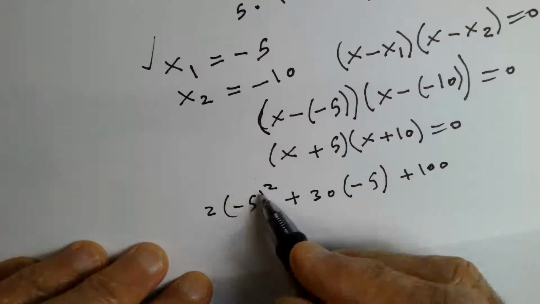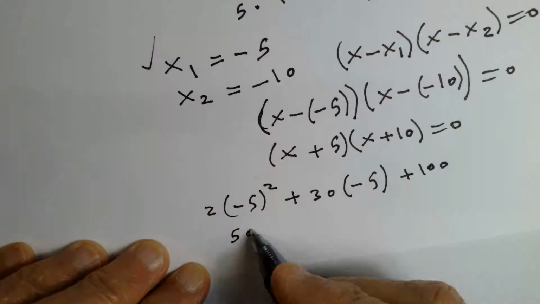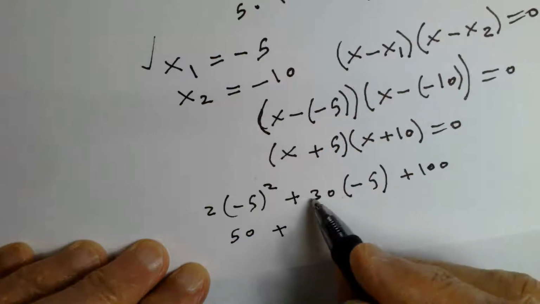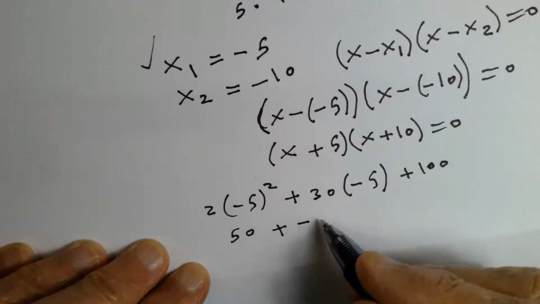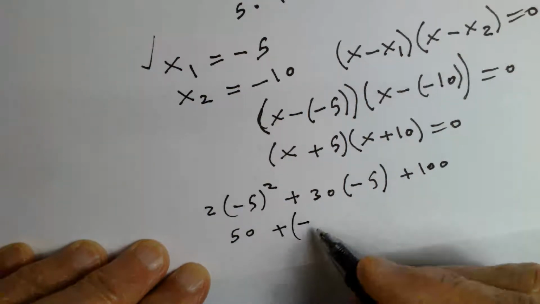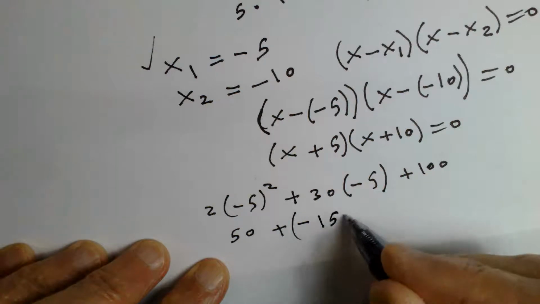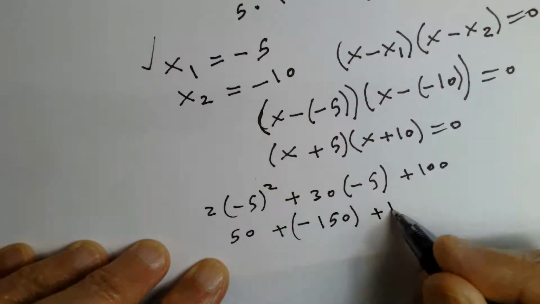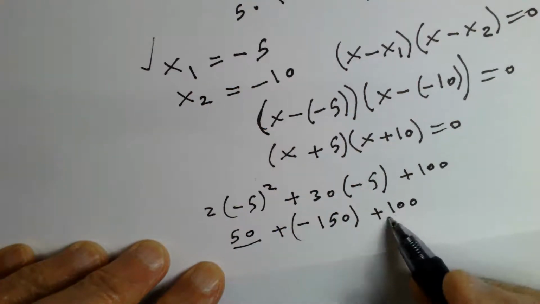So 25 into 2 is 50. 5 into 30 is 150, and because this is negative, minus 150, plus 100. 50 and 100 is 150 positive.